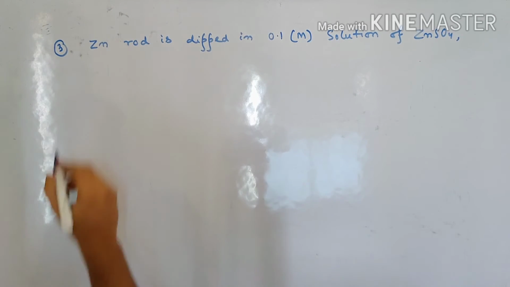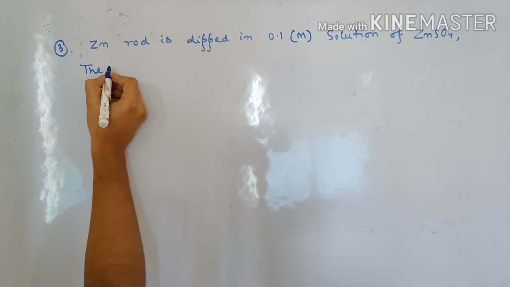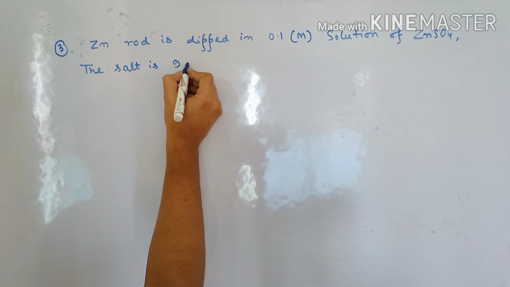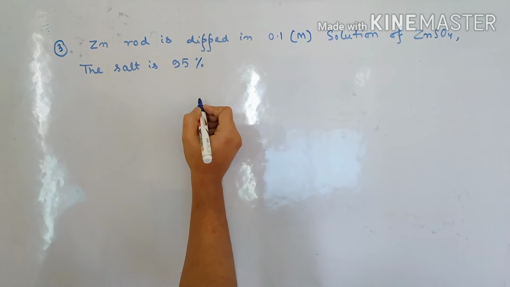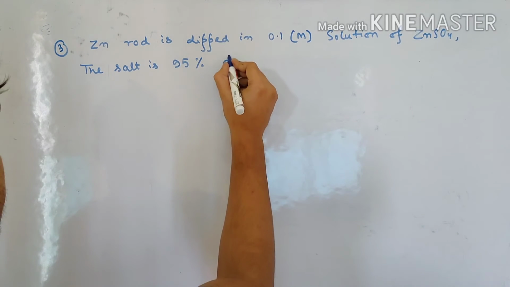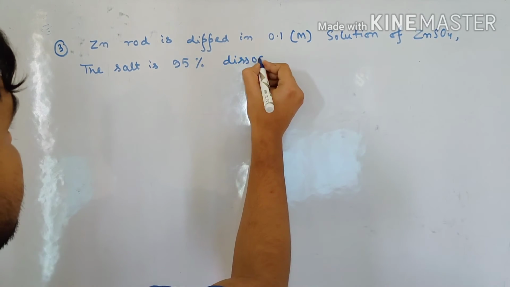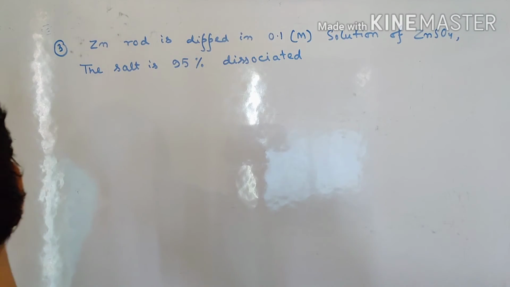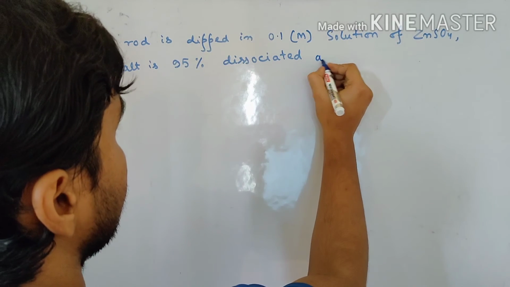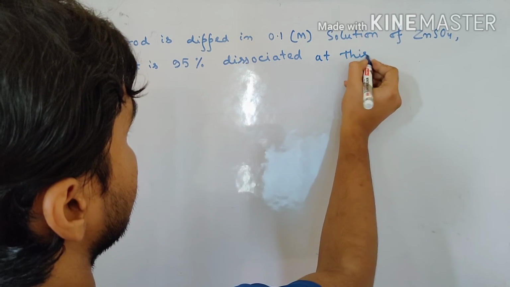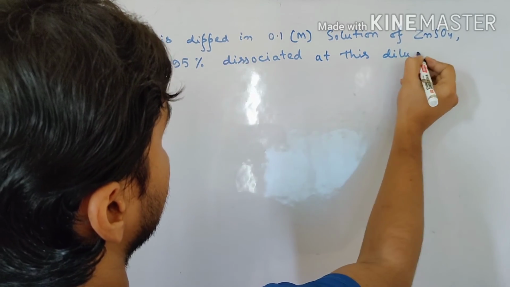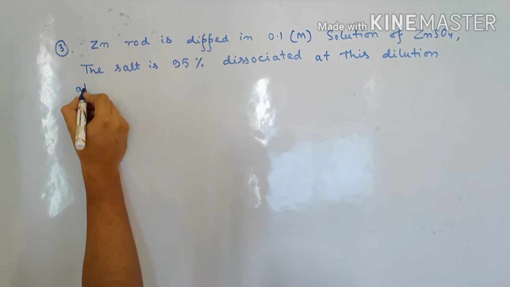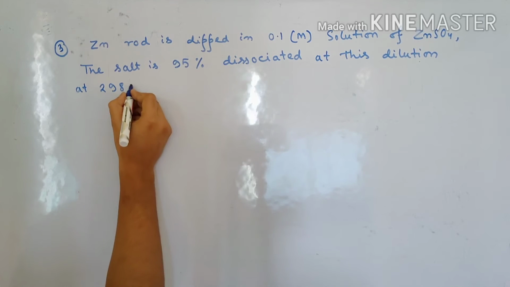The salt is 95% dissociated at this dilution at 298 Kelvin.